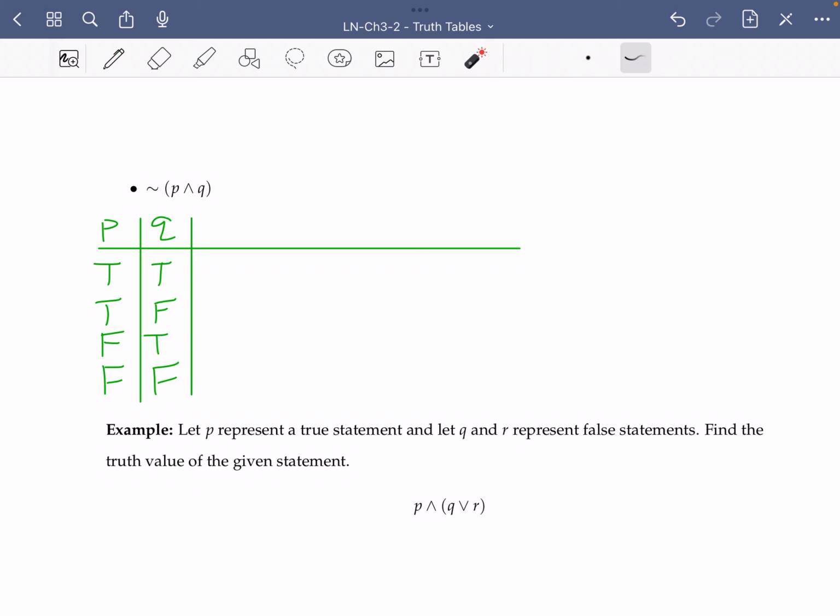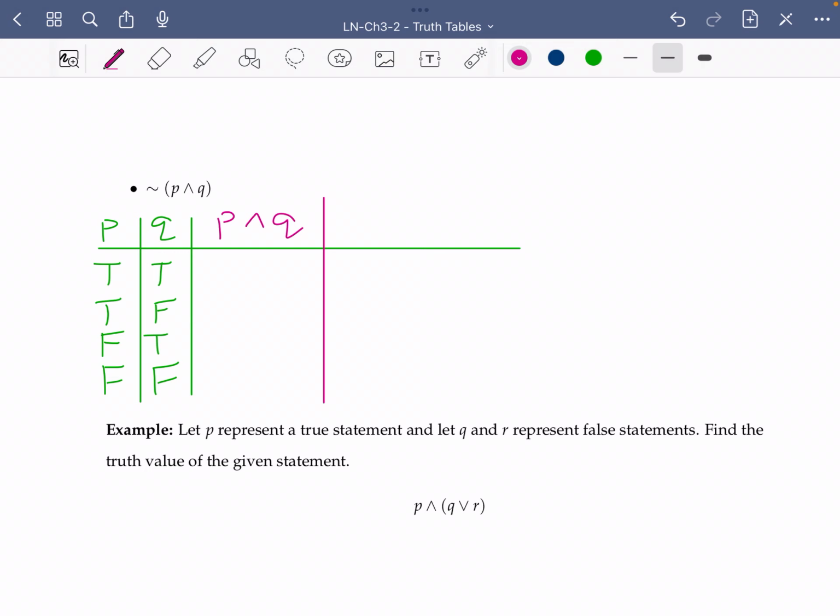Now I'm going to work inside the parentheses first, and so I'm going to identify the truth value of P and Q. We saw for a conjunction, for the and statements, these will only be true if both P and Q are true.